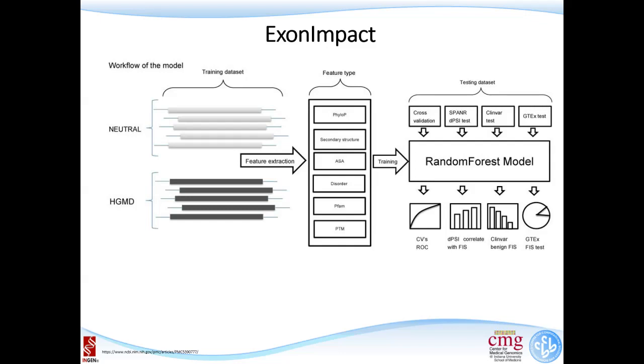The only downside of this particular algorithm is that we're looking at an individual exon without the context of the isoform. So now we have to report the probability that it damages transcript 1 and 2 and 3, and so now you don't really know which transcript is actually active in your cell.